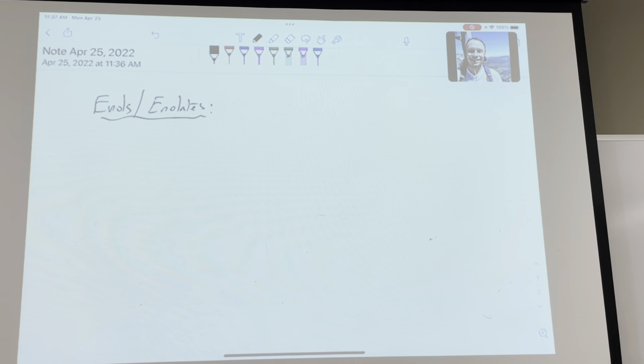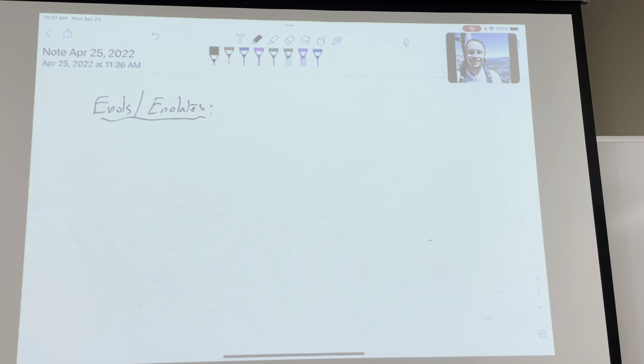Whenever I talk about an enol versus an enolate, all I'm talking about is a difference in the protonation state. For instance, an enol is going to look something like this. It's a neutral intermediate versus the enolate, which is the ionized form. As I said, we'll talk a little bit at the beginning about enols, but we're going to focus this chapter primarily on the enolate.